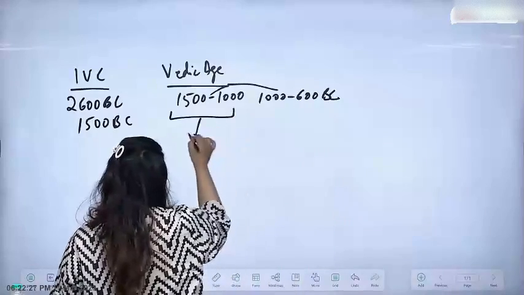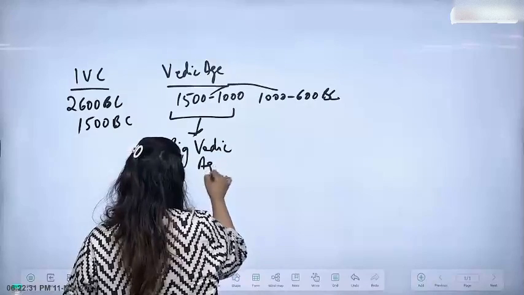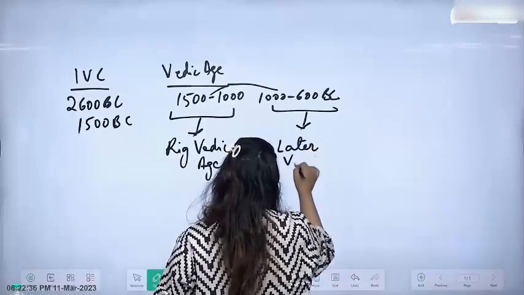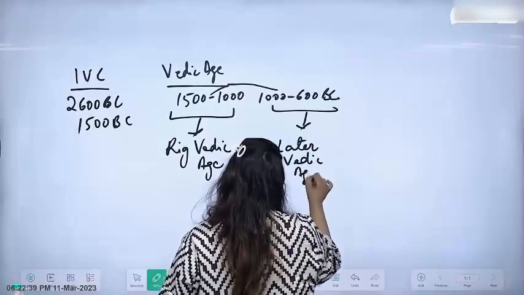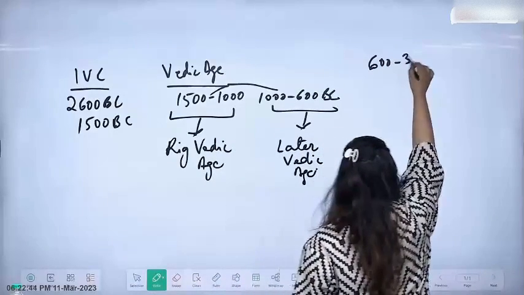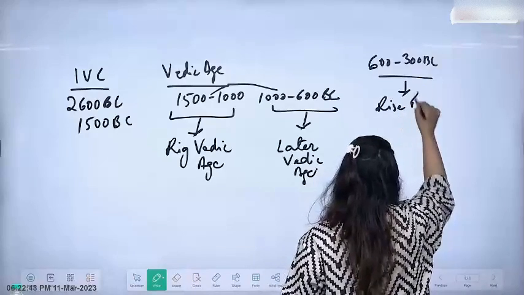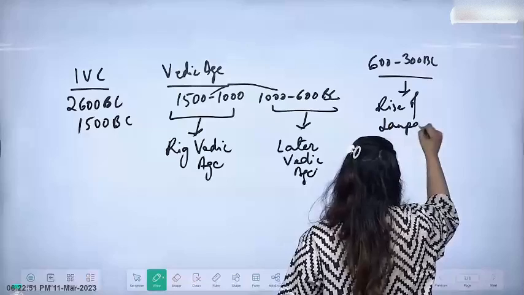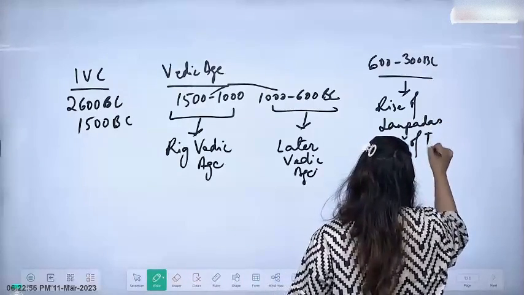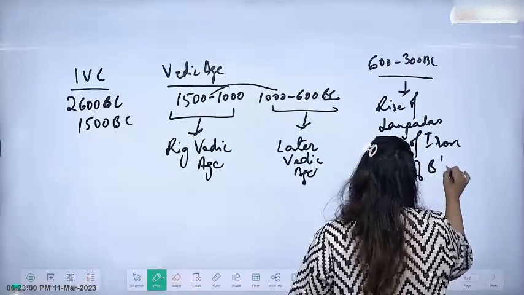Now this 1500 to 1000 BC is known as Rig Vedic age, and this is known as later Vedic age. Then comes your 600 to 300 BC, where you see rise of Janpads or Mahajanpads, discovery of iron, rise of Buddhism and Jainism.